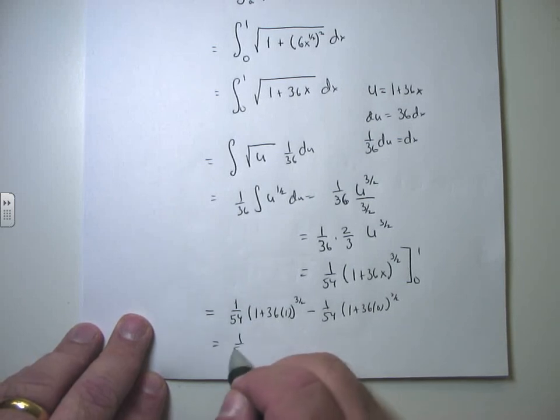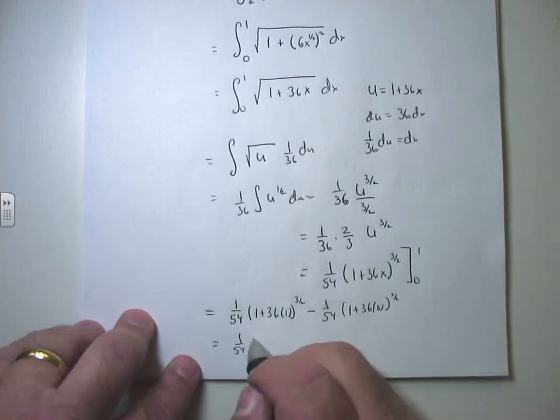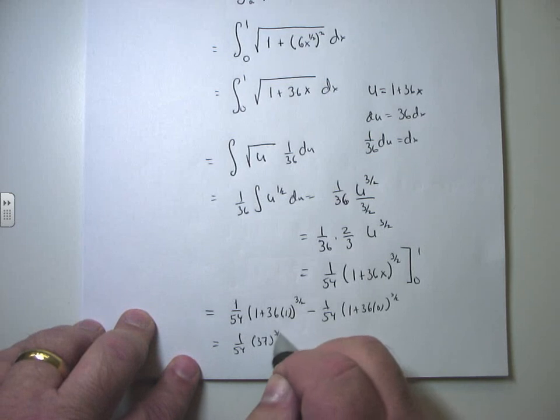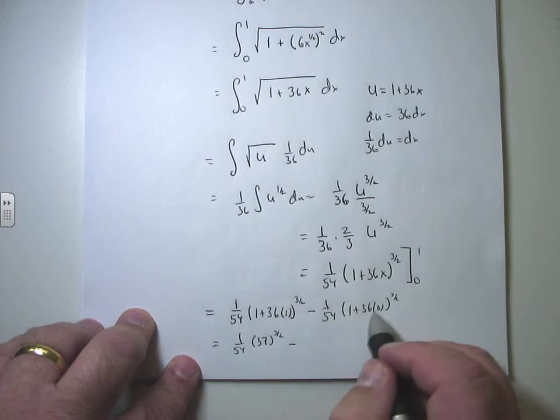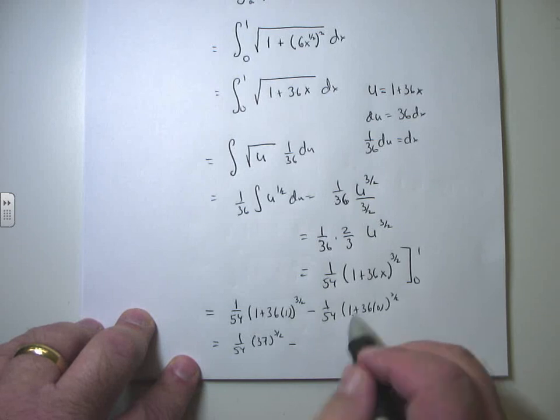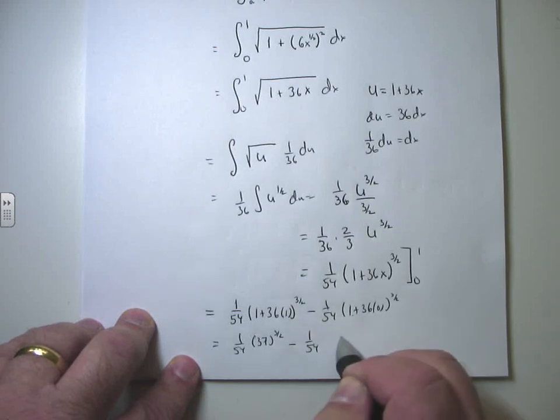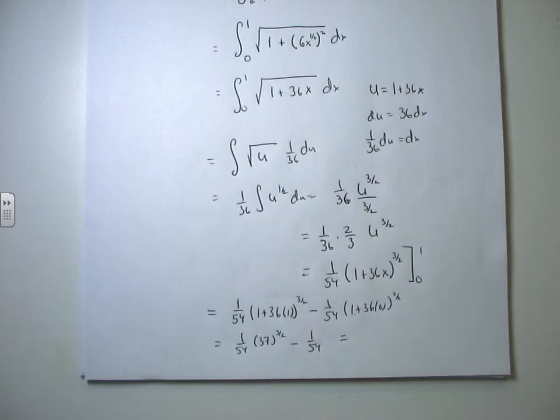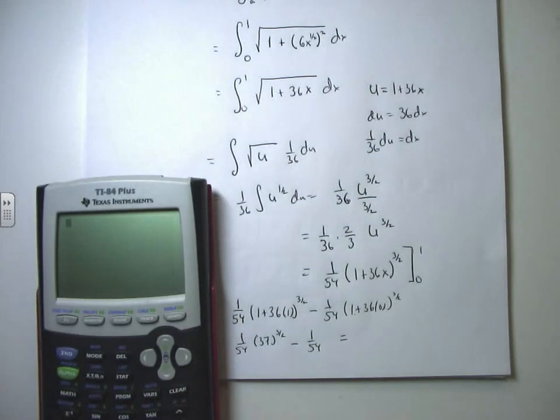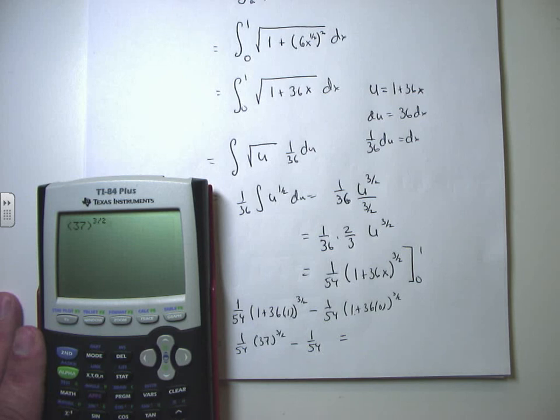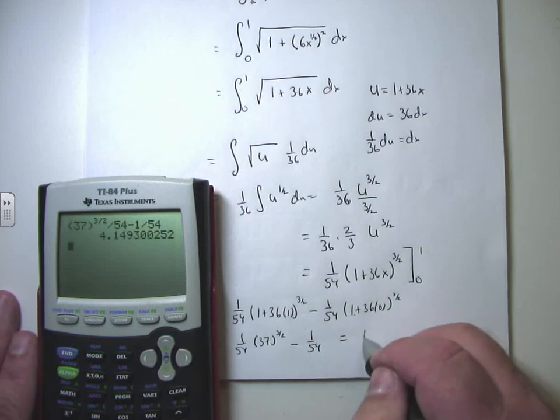So this is 1 over 54 times 37 to the 3/2 minus, 36 times 0 is 0 plus 1 is 1, to the 3/2 power is 1, over 54. Or for those people who love just decimals on the calculator, this is fine. So I'm going to take 37, raise it to the 3/2 power, divide that by 54, and then subtract 1 divided by 54.